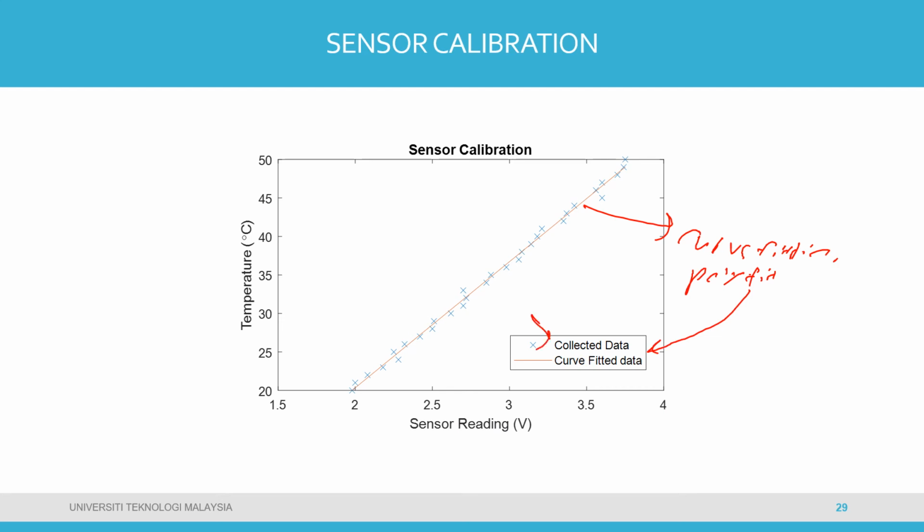This X1 is the original data. You can see here the equation is highly accurate. That is how you calibrate a sensor. Make sure you know this because it is quite useful, especially in your final year project.